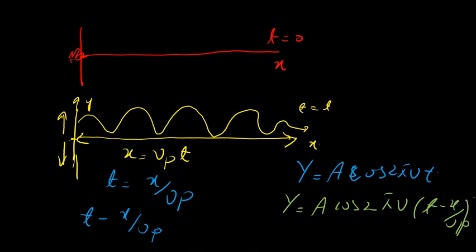This is called the general wave formula, and now we can further modify it. We can simplify it and write y equals a cos of 2 pi mu t minus mu x divided by vp.